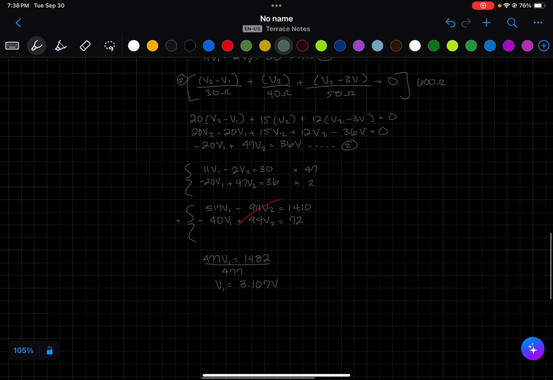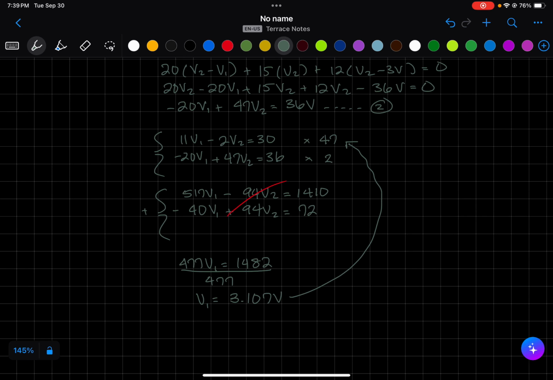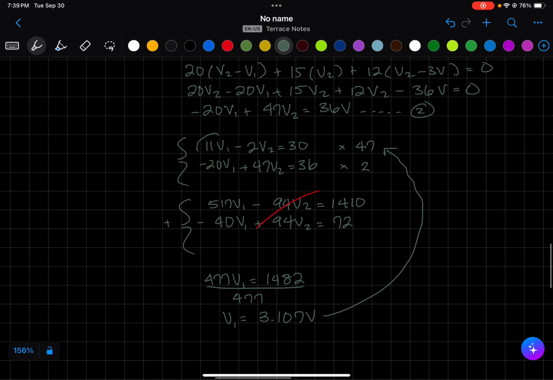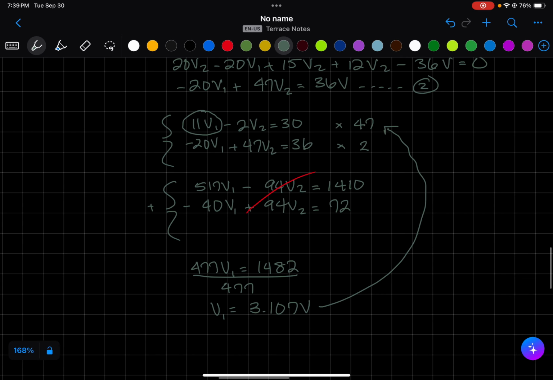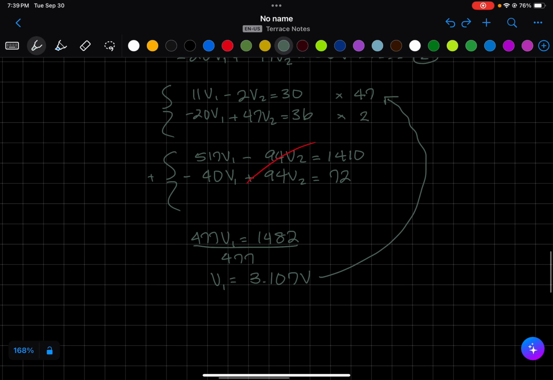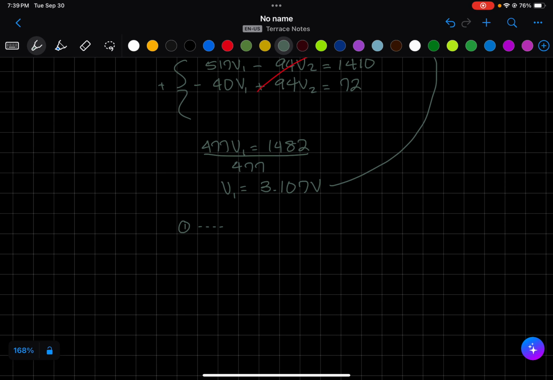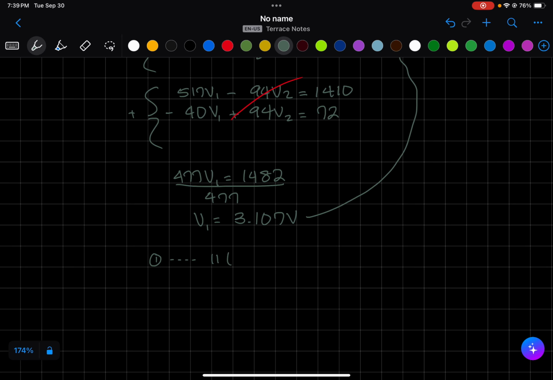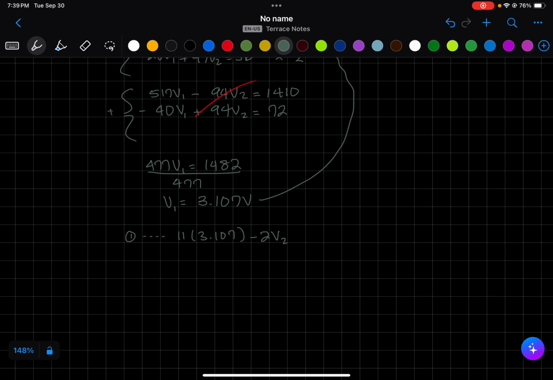Alright. Then we're going to want to plug this in. I'm going to plug it into our first equation, since it has the smallest constant compared to the second equation. So 11 times 3.107 volts minus 2v2.